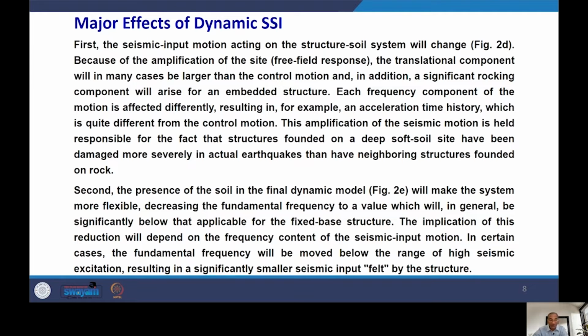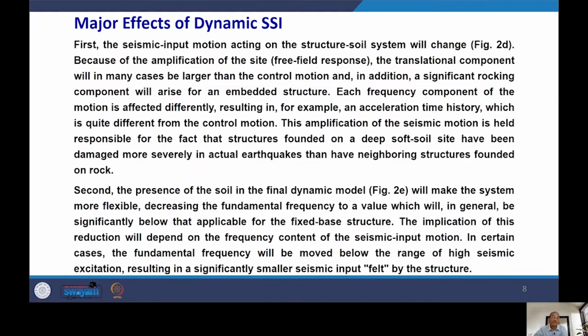The presence of soil will change the natural frequency of the system, and normally, due to the presence of the soil, the natural frequency of the system will get decreased, and the modified frequency goes below the natural frequency of the fixed base structure. As a result, you may get a smaller response, as we will discuss later. When you reduce the natural frequency of the system, there is an increase in the time period. So this was the second effect of the presence of the soil.